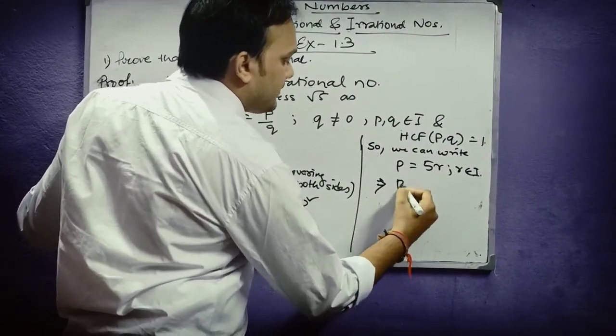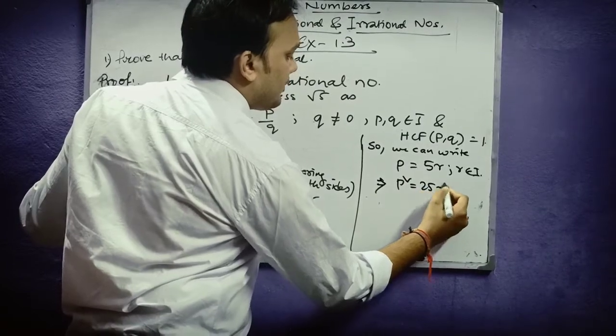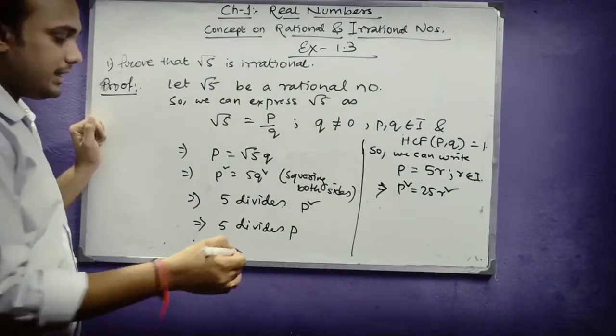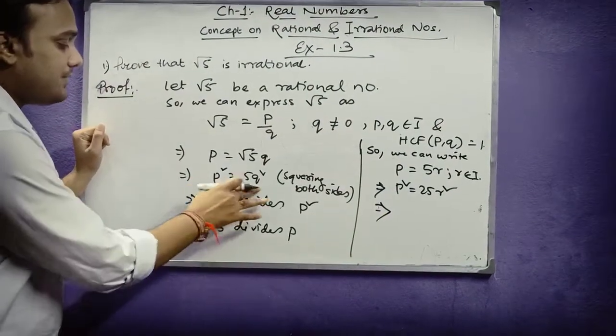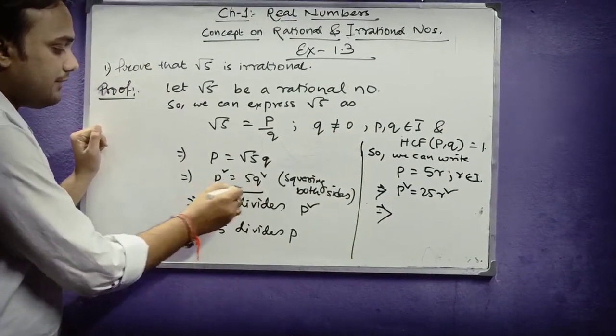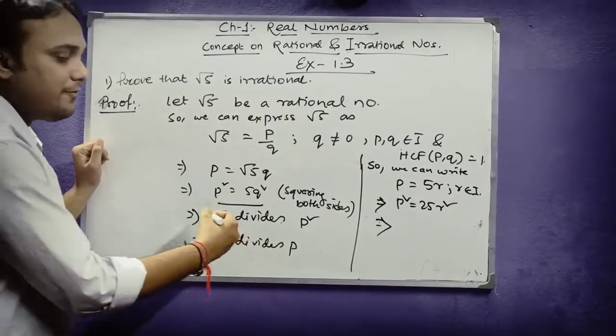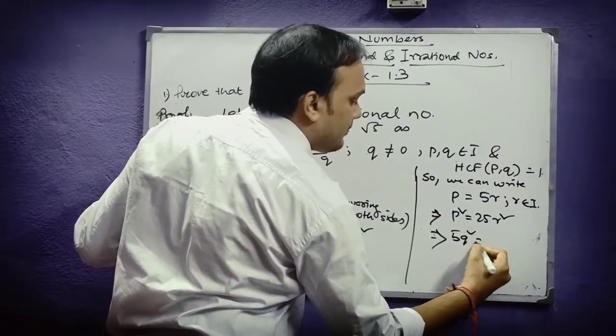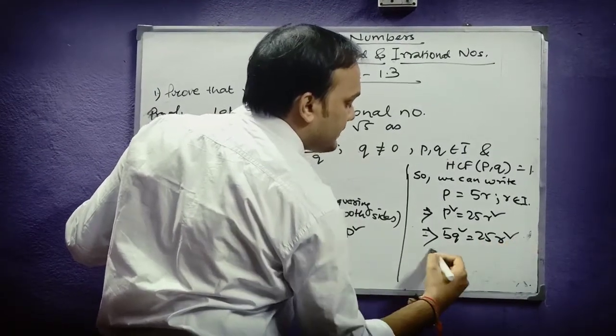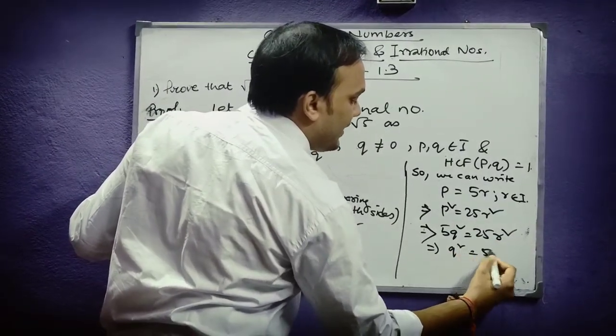Squaring both sides again, we get P square equals 25R square. P square is here 5Q square. Using this result, if I substitute the value of P square as 5Q square, it will be 5Q square equals 25R square, and this will give me Q square equals 5R square.